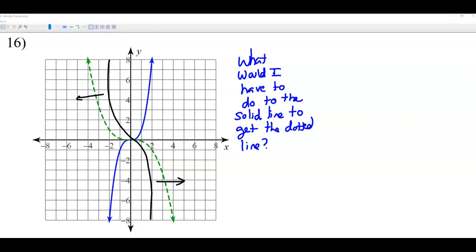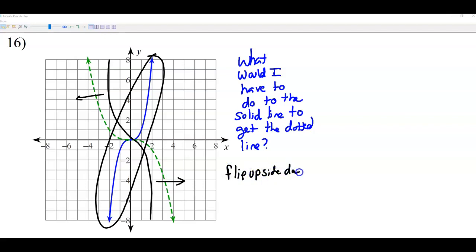Now, this is going to be kind of a tough question because there's going to be a few different answers for that. So whether you took this graph and flipped it upside down, or you flipped it sideways, you're going to get it reversed.